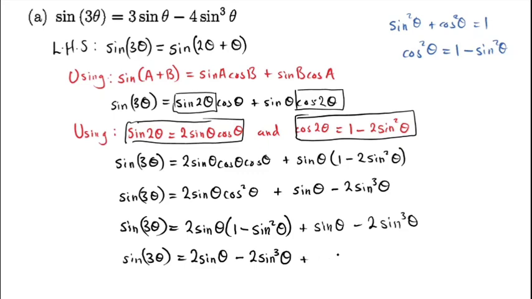Now it's just a matter of grouping like terms. 2 sine theta and sine theta are like terms, so I can put them together. 2 sine theta plus sine theta gives us 3 sine theta. Negative 2 sine cubed and negative 2 sine cubed, put them together, I get minus 4 sine cubed theta. So there we have it.